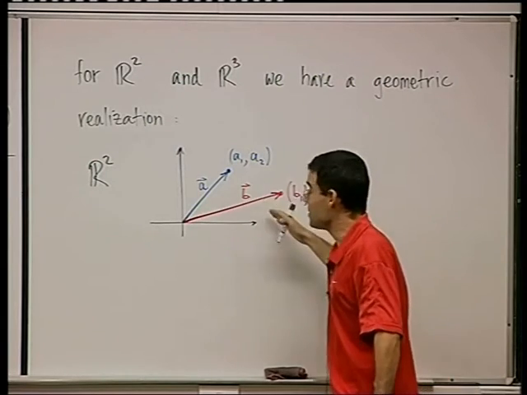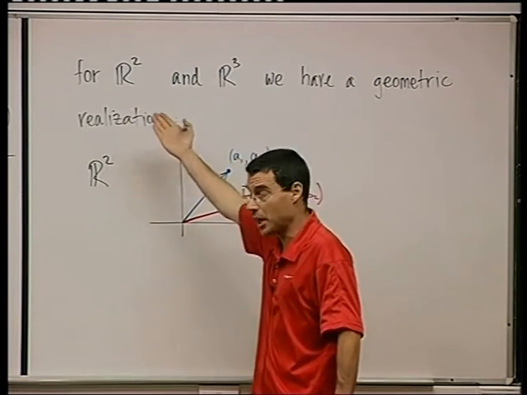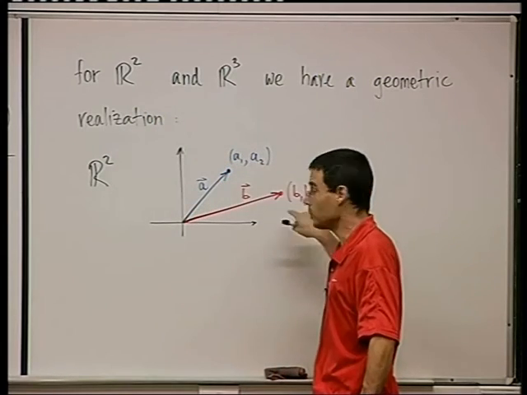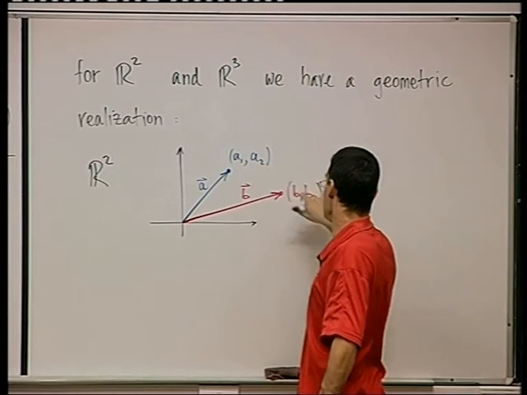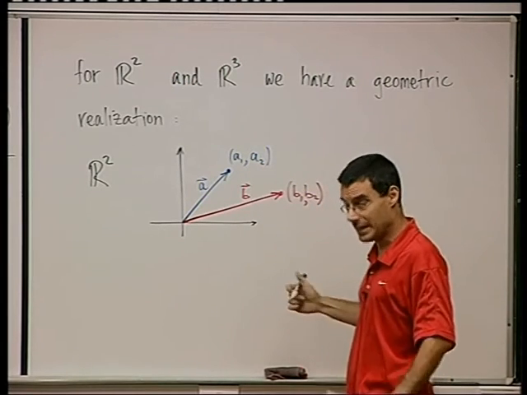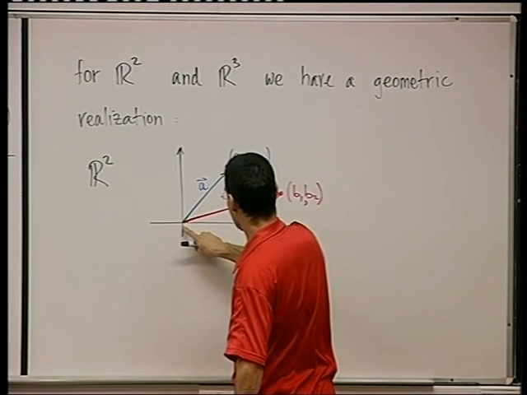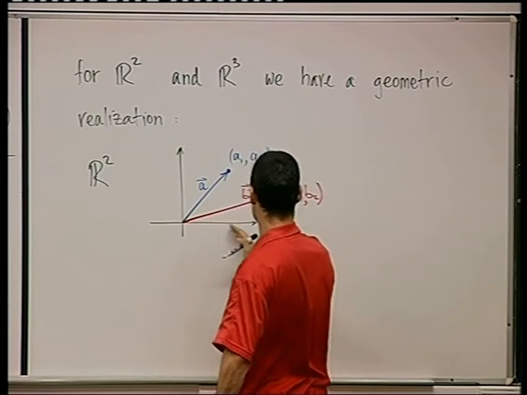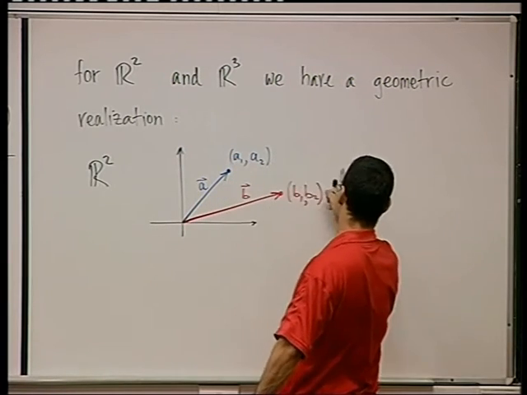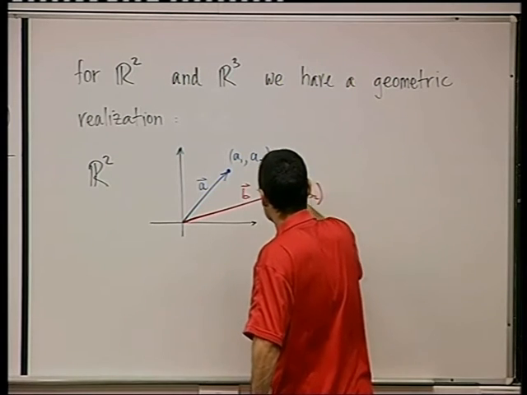How do we add these guys, right? Adding vectors in Rn in general is adding component-wise, right? So we do A1 plus B1. That's the x coordinate, and A2 plus B2 is the y coordinate, and that corresponds to just taking the x component of this, adding the x component of this, which would throw us to their sum in terms of the x and their sum in terms of the y, and geometrically we know what we get.